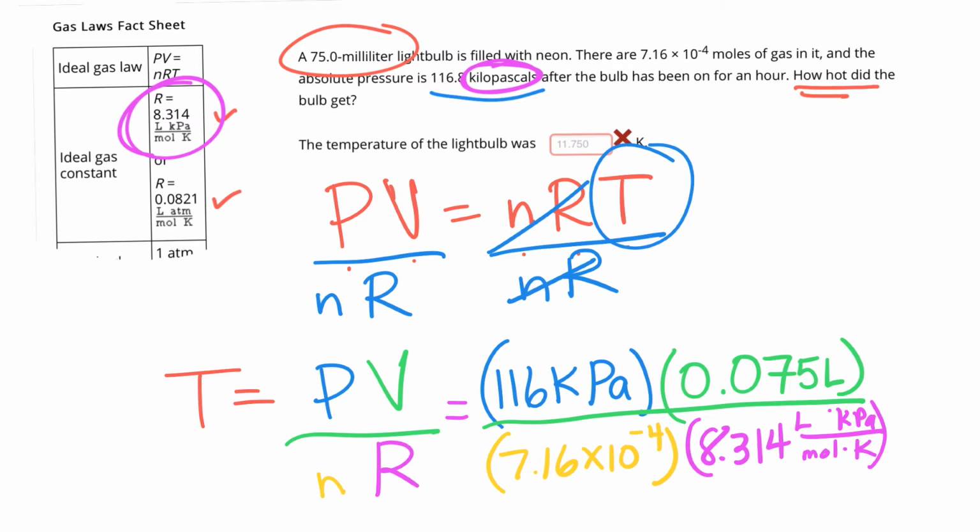All right, so here are my kilopascals on top, and there they are on the bottom, so they cancel. And I forgot to write on here my unit for moles. This was moles, okay? So we're going to cancel out moles here and moles there. And liters will cancel here and here.